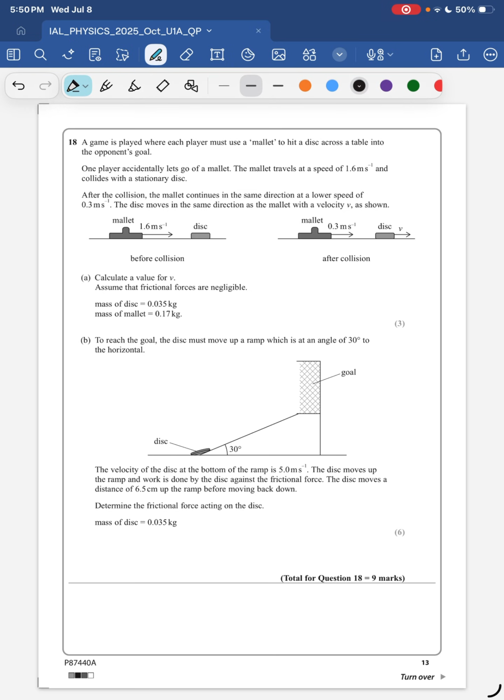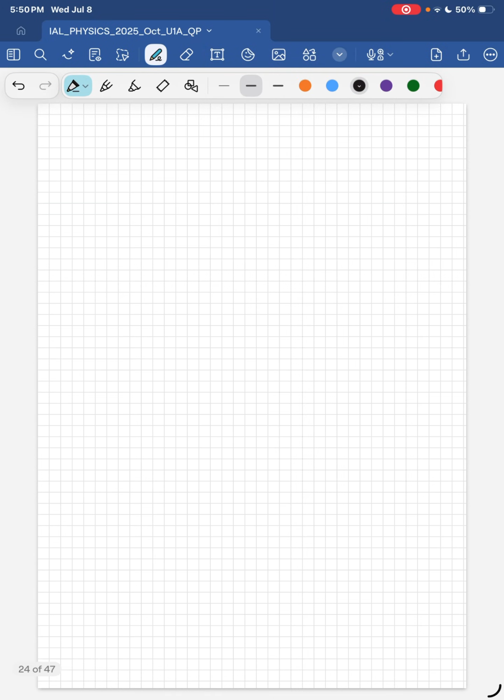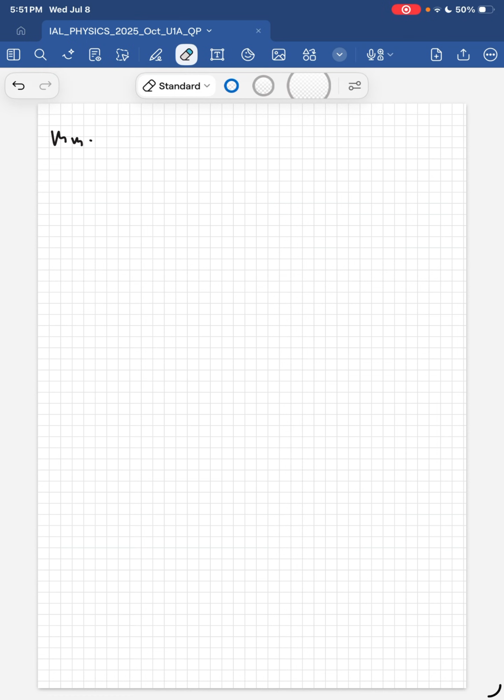Assume that frictional forces are negligible, and they give you the mass of the disk and the mass of the mallet. Okay, so we have the before the collision, the after the collision situation. So let's use a clean page. We have the mass of the mallet times the velocity of the mallet. Actually, let's use U because it's the initial velocity. So U of the mallet is equal to the momentum after, right?